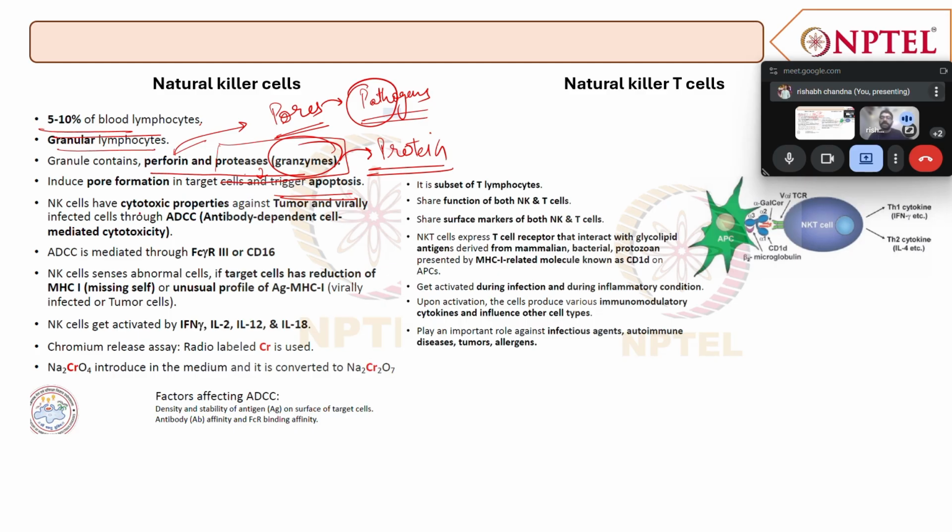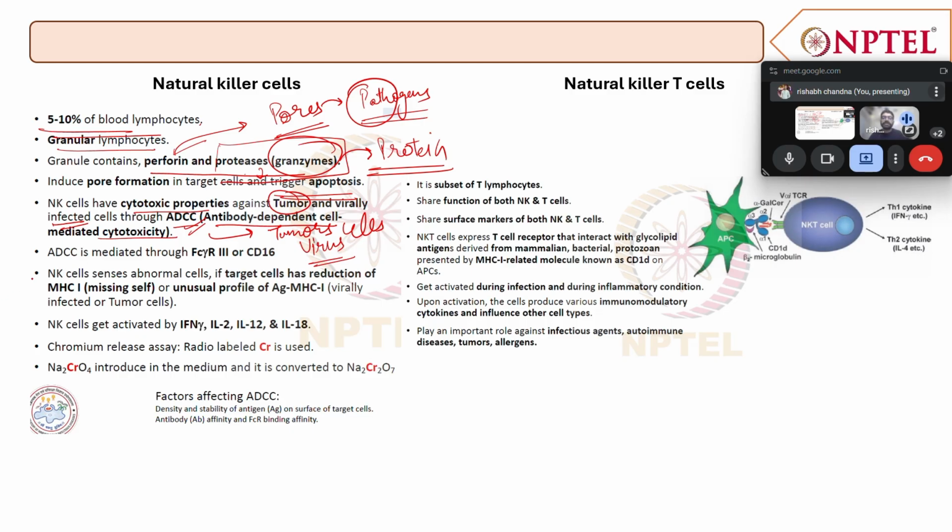Okay, these have cytotoxic properties against tumor and virally infected cells through ADCC. So they directly target the tumor and the virally infected cells through ADCC, that is antibody dependent cell mediated cytotoxicity. So ADCC helps in clearing off the tumor cells and the cells infected by the virus.